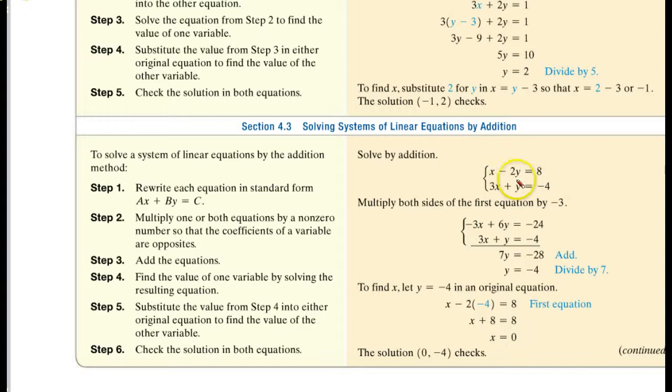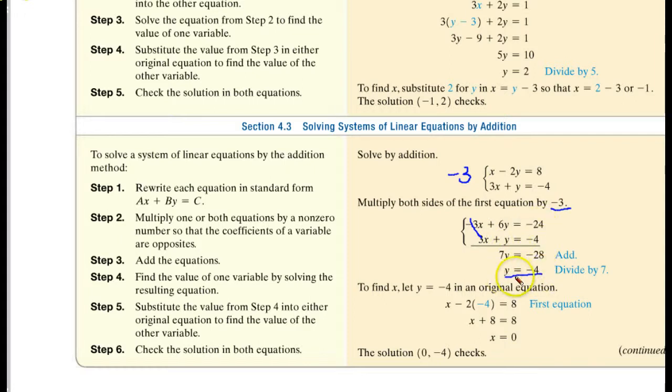Well, we have to take this first equation and multiply it by a -3 right there. So each term in the first equation, we're going to multiply by a -3, and every term, this side and that side. And then now notice your -3 and a +3 cancel out. We add up the rest and we get this.